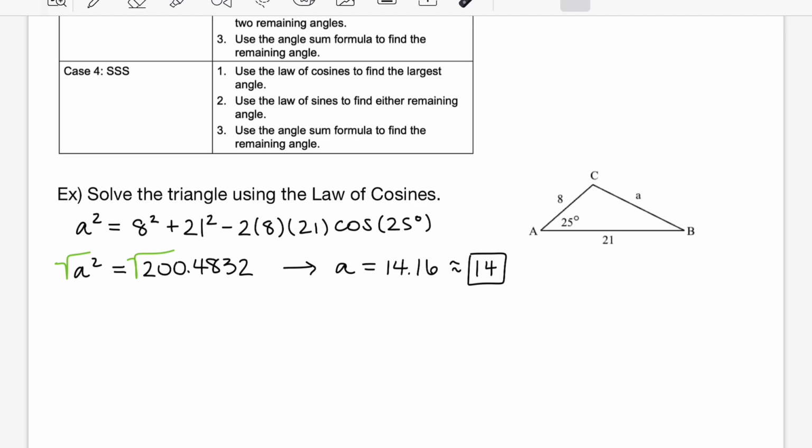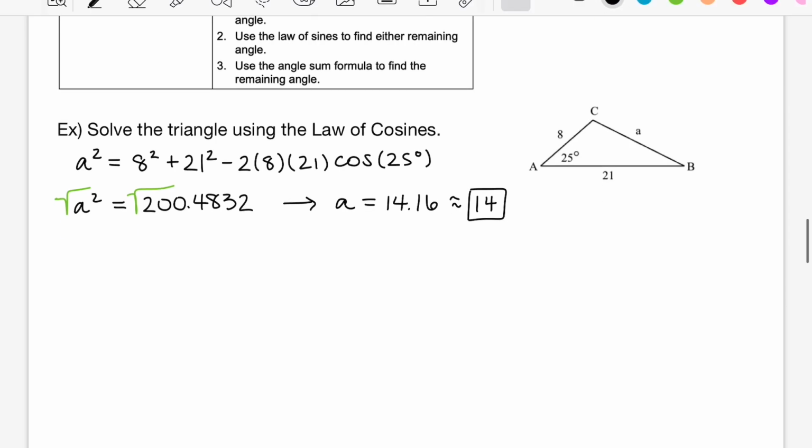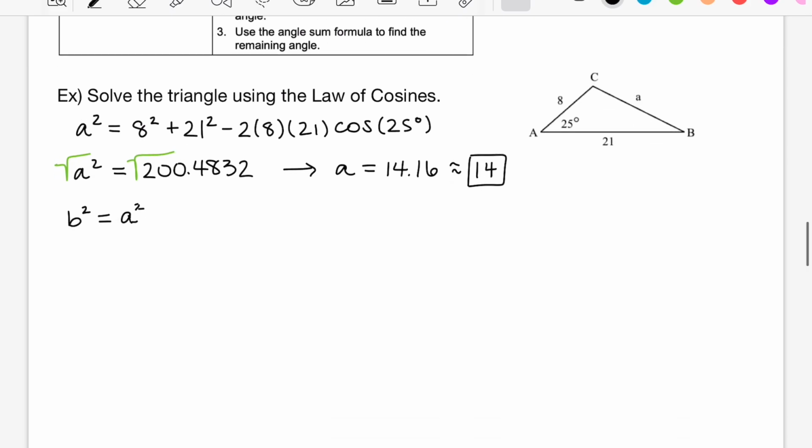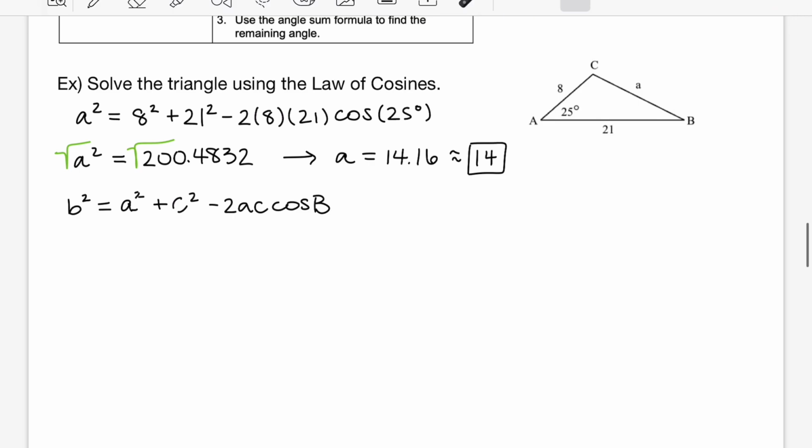Now what we need to find is this angle C and this angle B here. So we can still use our law of cosines to do so. Remember this formula here. Our side length B squared is going to be equal to this here. Now what we can do is solve for cosine of B here.